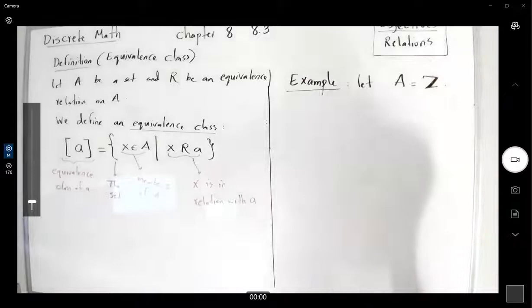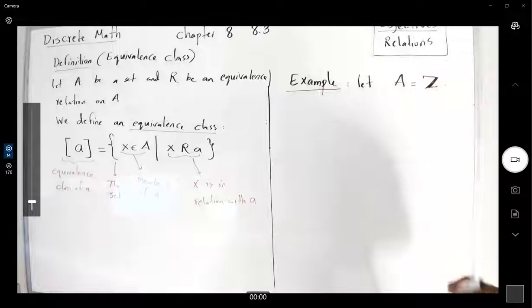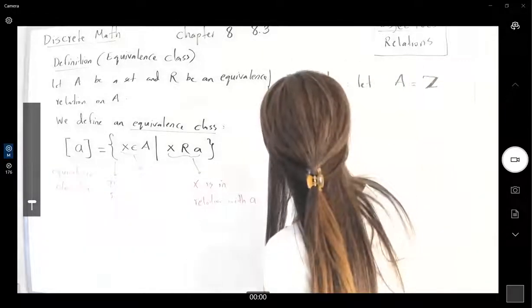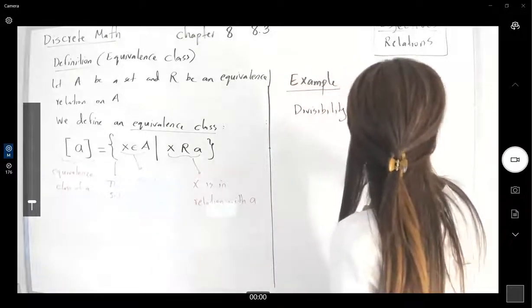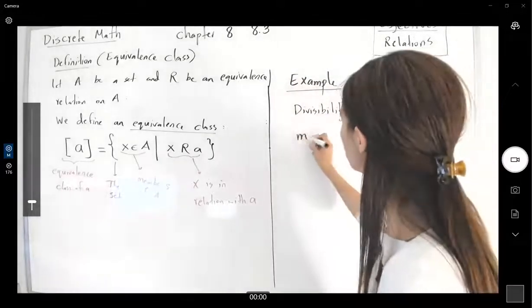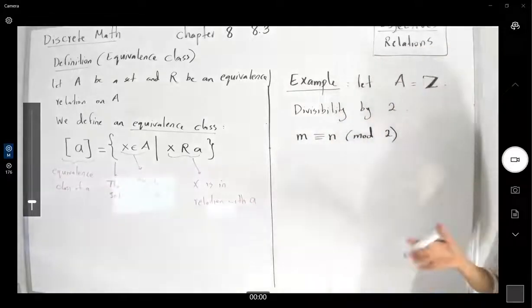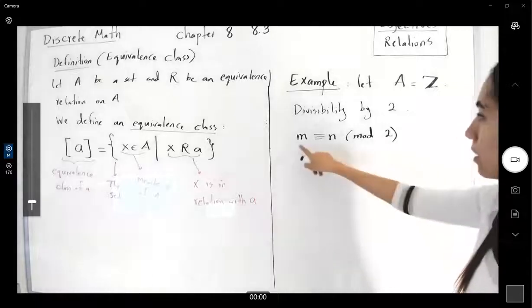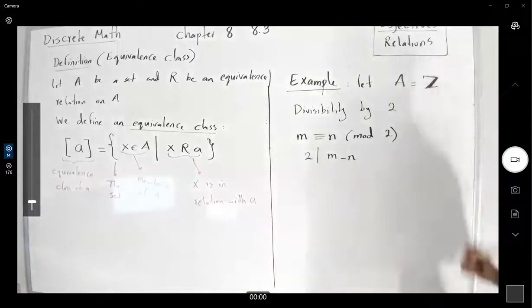Okay, we have integers, and I'm going to define, let's say, divisibility by 2 on Z. I'm going to say, hey, m is congruent to n mod 2. What's the meaning of that? It means that 2 divides m minus n.